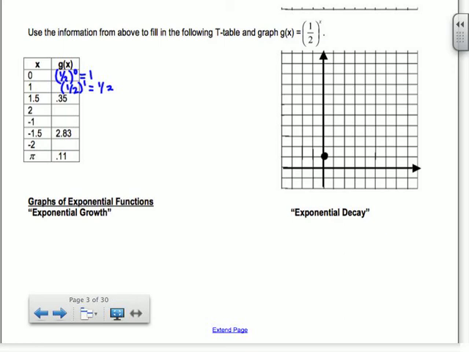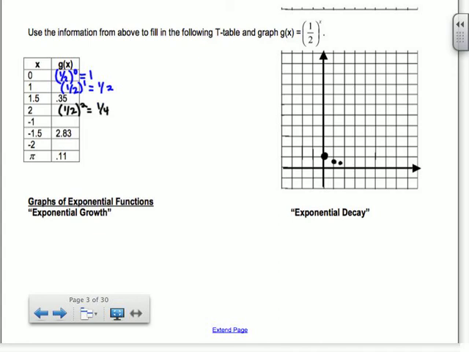So you have 1, 1/2. I have 1.5, 0.35. I gave you a couple of values. 1/2 to the 2 is 1/4.